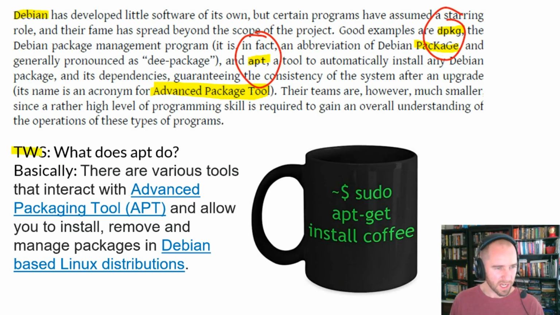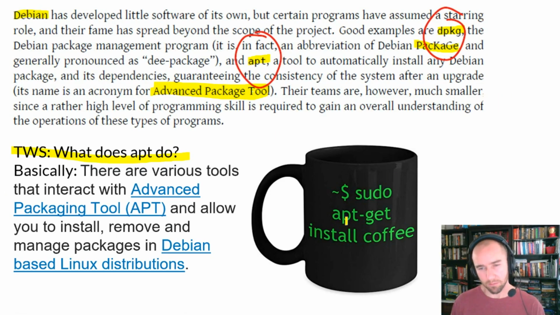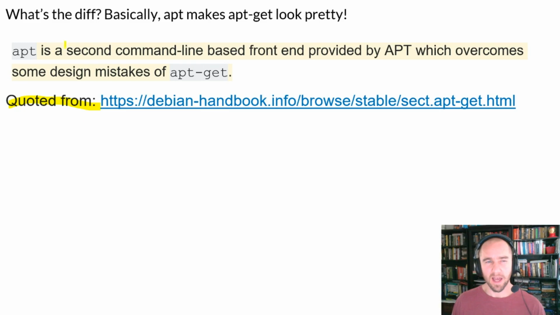So as a check for understanding, just tell me what apt is doing. Many of you may be used to seeing apt-get. It says that apt is a second command line based front end, so I'm not used to seeing front end used in the context of command line stuff, but basically apt overcomes some of the design mistakes that apt-get had.